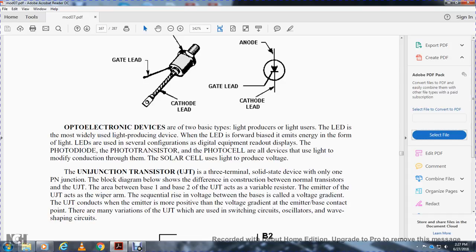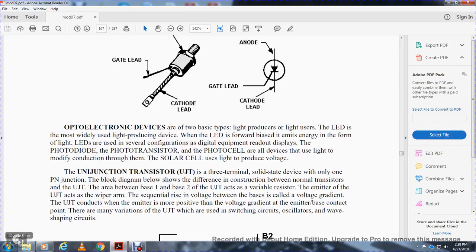The unijunction transistor is a three-terminal solid state device with only one P-N junction. The block diagram shows the difference in construction between the normal transistor and the unijunction transistor. There are two bases, base 1 and base 2, and the unijunction transistor acts as a variable resistor. The emitter acts as the wiper arm, sequentially arriving at the voltage between the bases, called the voltage gradient.